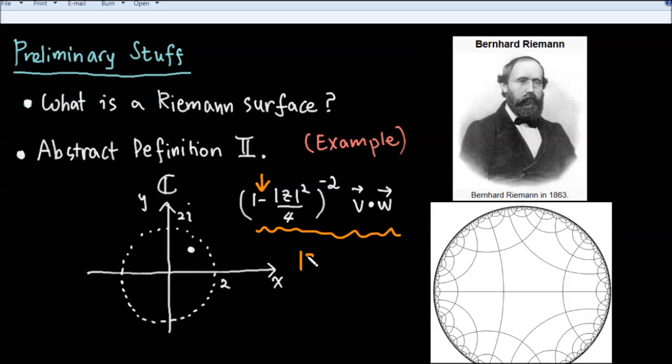That makes the absolute value of z less than, actually less than 2, for positive definiteness. So this metric will only make sense within this disk, not a unit disk, a disk of radius 2. So we have a certain metric in there, and it is represented here. This is called the Poincaré disk, and the geometry created by this metric here is called hyperbolic geometry.